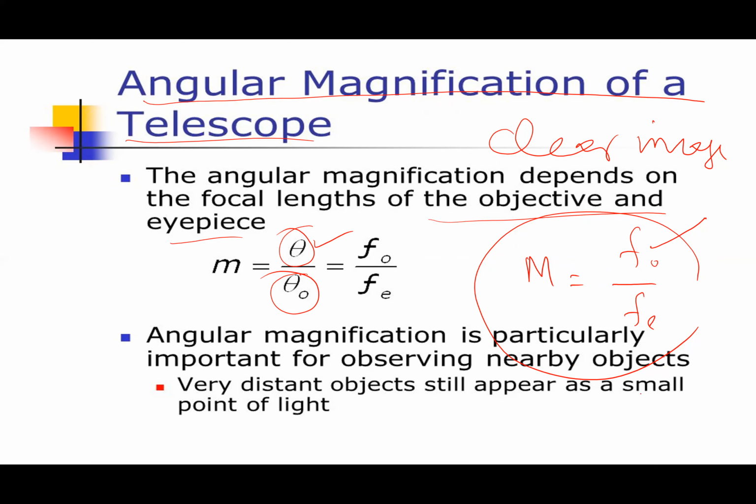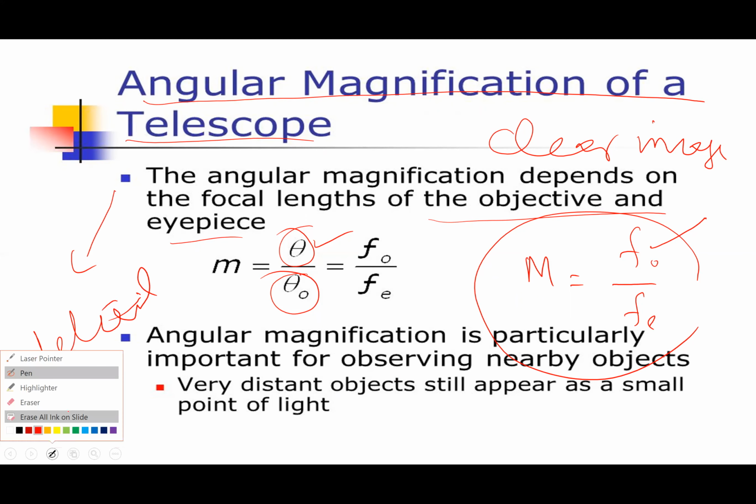Magnification gives us how much larger or smaller the image will be as compared to the size of the object. It gives the detail of the object, a clear picture, clear information.